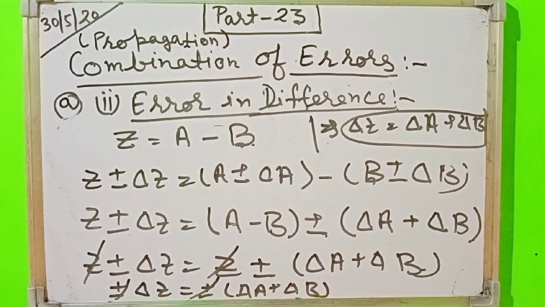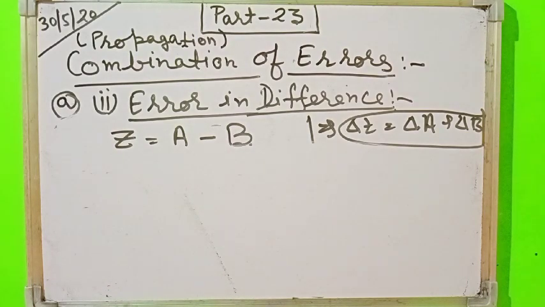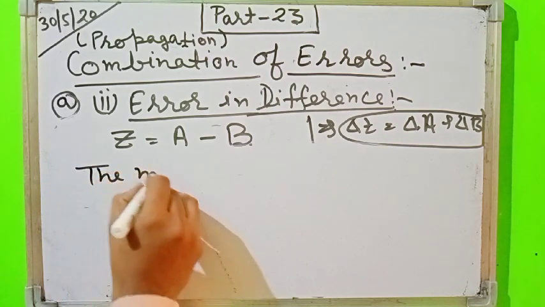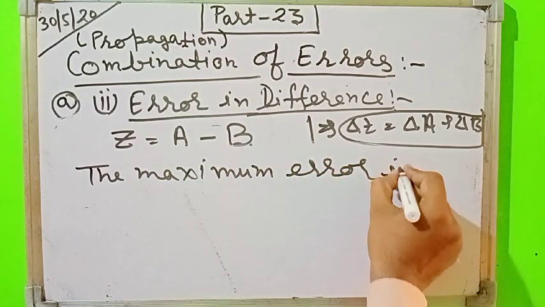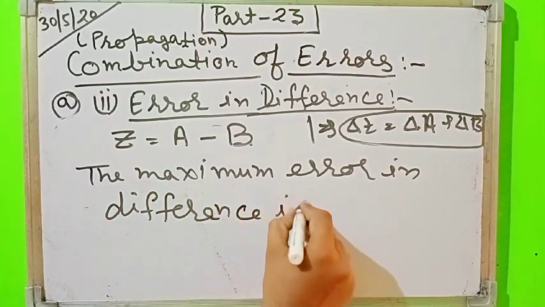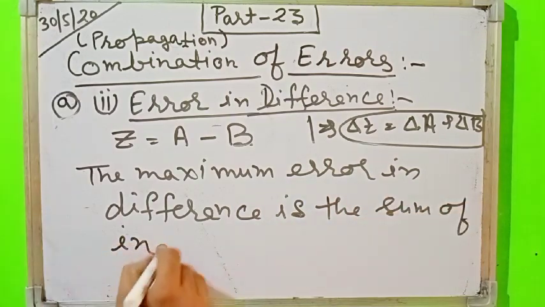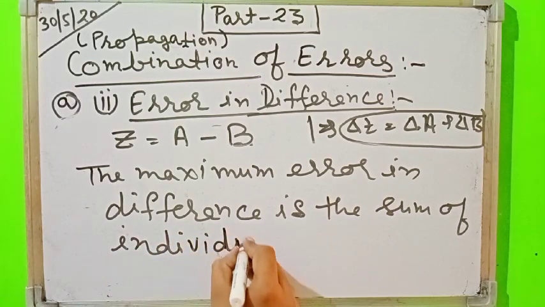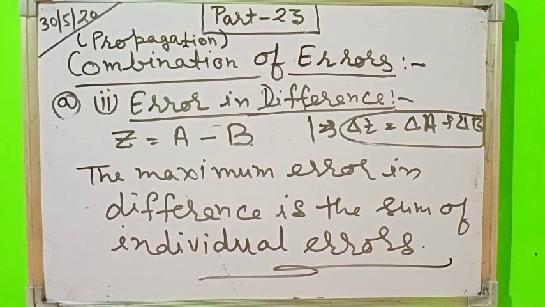And in this case also the maximum possible error, the maximum error in the difference, is the sum of individual errors.